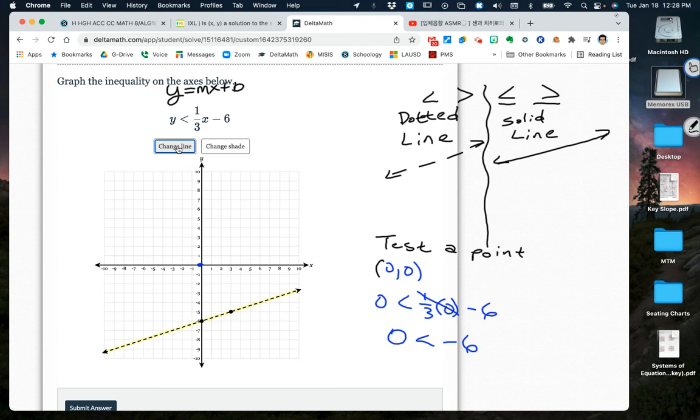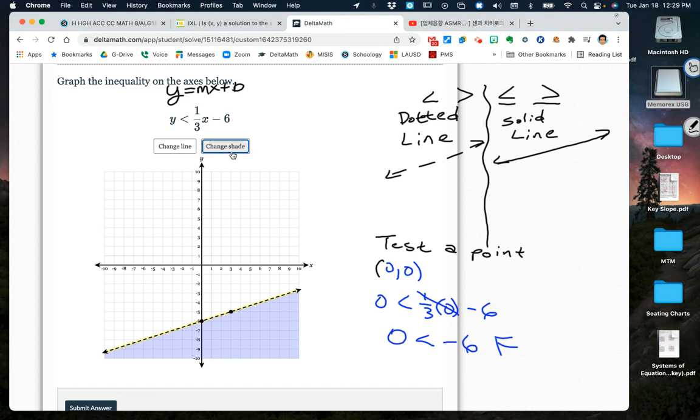Nope, it's actually greater than it. So that means anything here is false. We picked 0, 0, it did not work. That means anything on this side of the line is not going to work. So we want anything on the other side of that line. We want the side that's not 0, 0, that side.